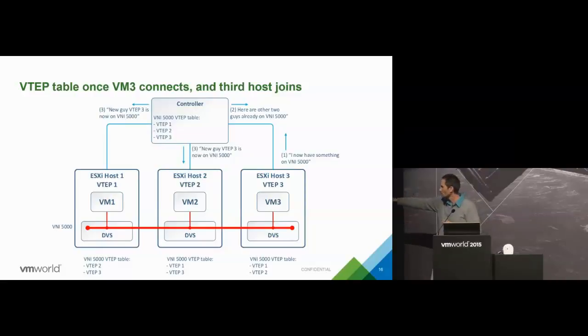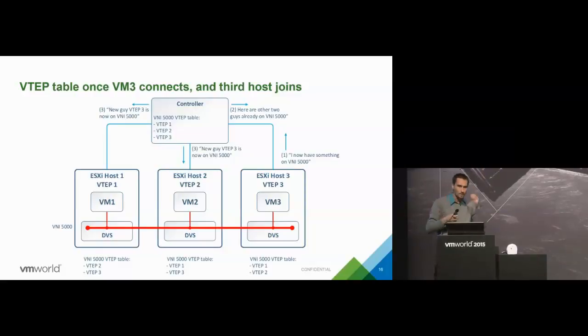It's only going to send it to hosts 2 and 3, because these are the only VTAPs in the table. That's why I said earlier that VTAPs are like cables to other hosts. If there is no cable, you don't know where to send. Okay?